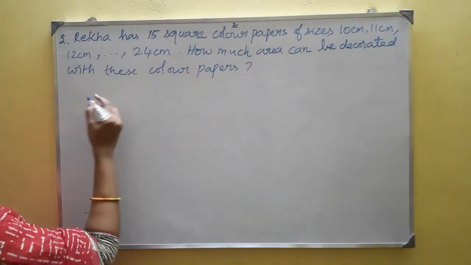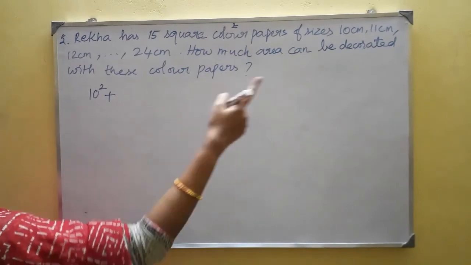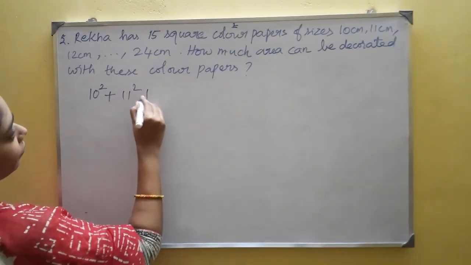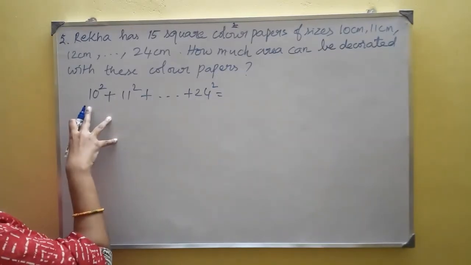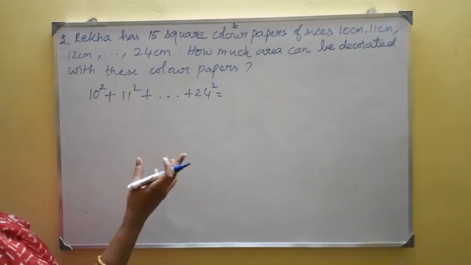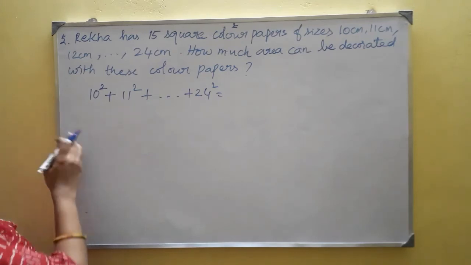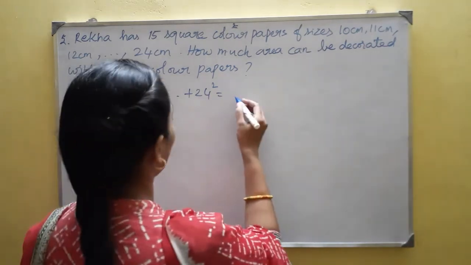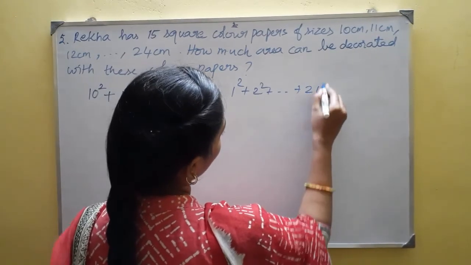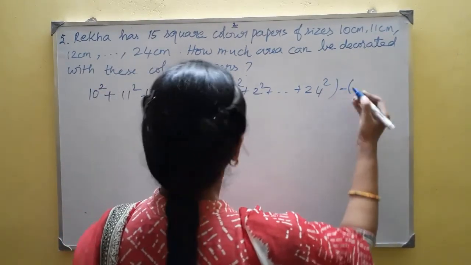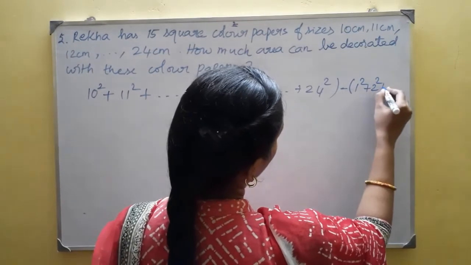What is the area of the first square paper? 10 square. The second? 11 square. Adding up to 24 square. So this is the squares of the first 24 natural numbers, but we are not starting from 1, we start from 10 to 24. So squares of the first 24 natural numbers, subtract squares of the first 9 natural numbers.